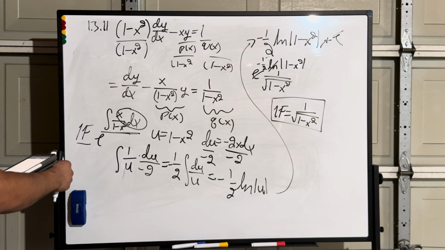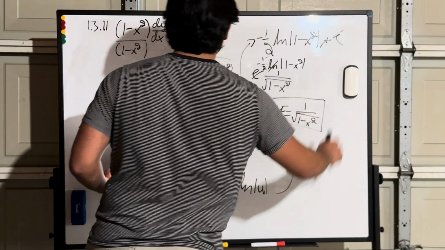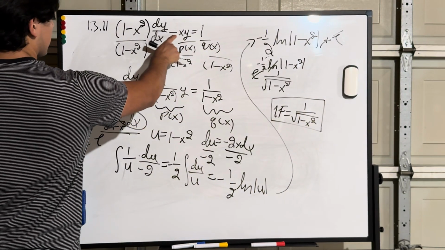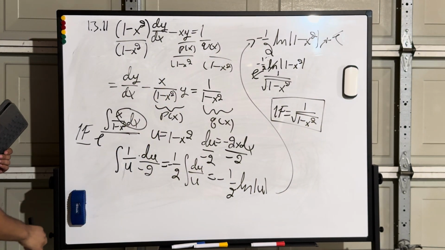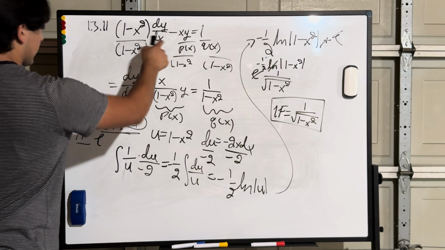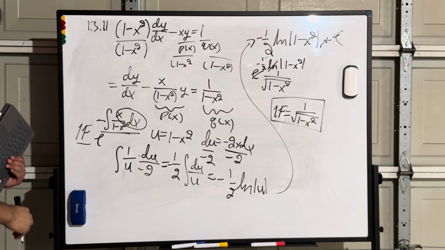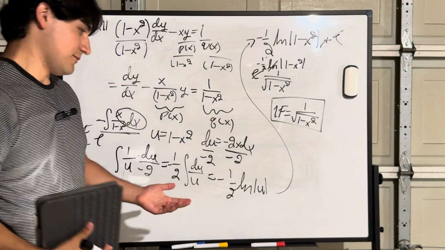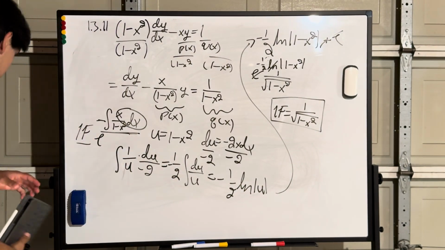I see the issue here. Big problem. There's a negative, and because there's a negative here, that's part of the P of X. Just a mistake I made. We all make them. So that kind of messes everything up.